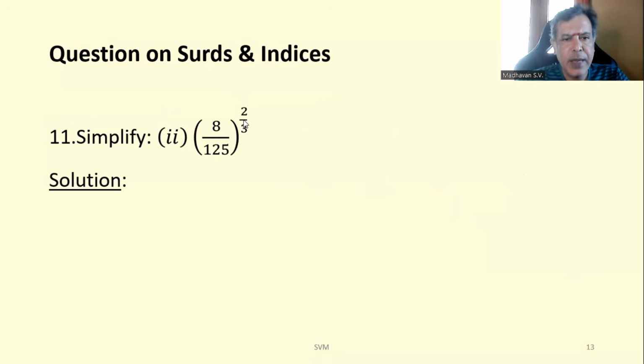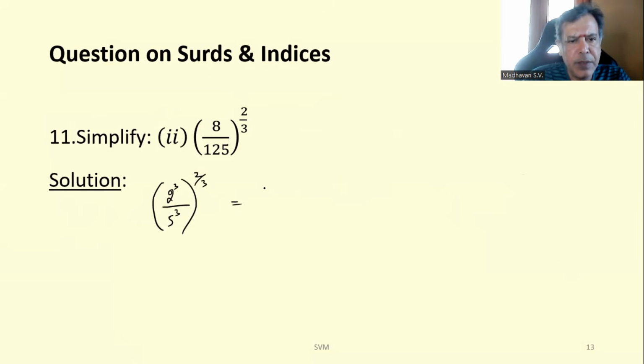Part 2, 8 divided by 125 to the power of 2 by 3. In this, we can write the numerator 8 as 2 cube, denominator 125 as 5 cube, the whole thing to the power of 2 by 3, which can be further written as 2 by 5 to the power of 3 together to the power of 2 by 3.